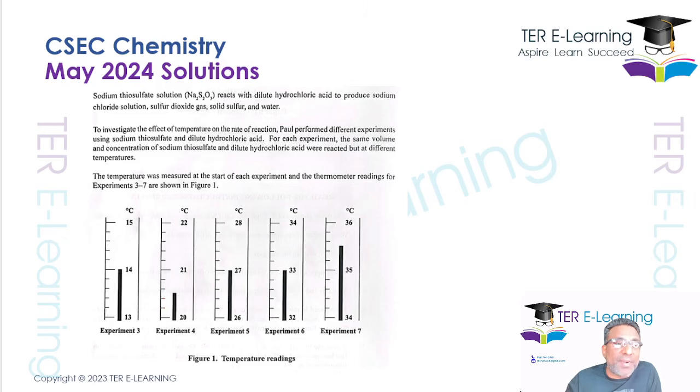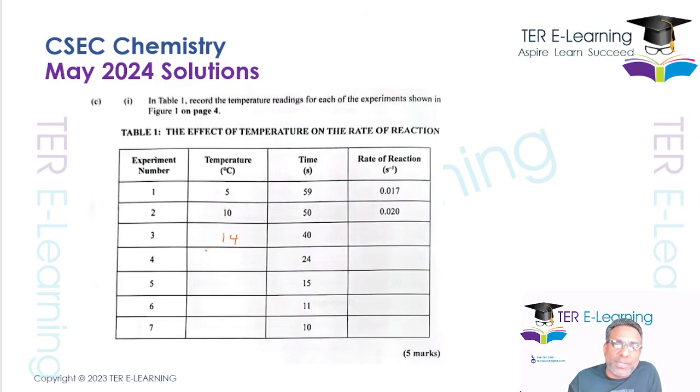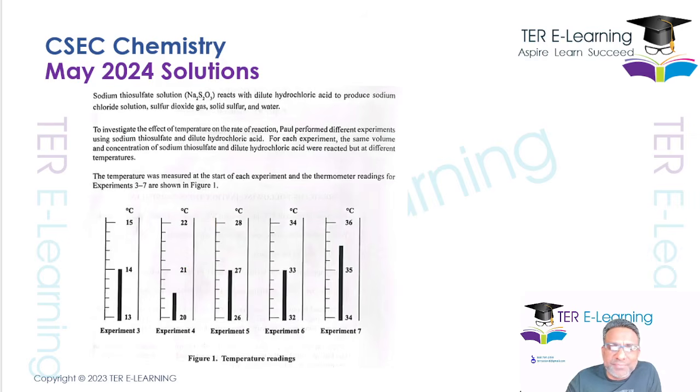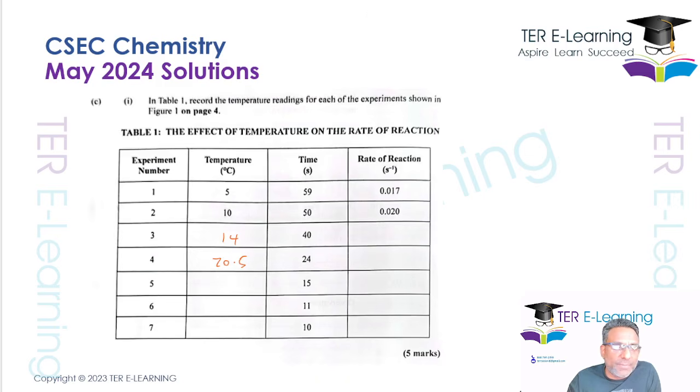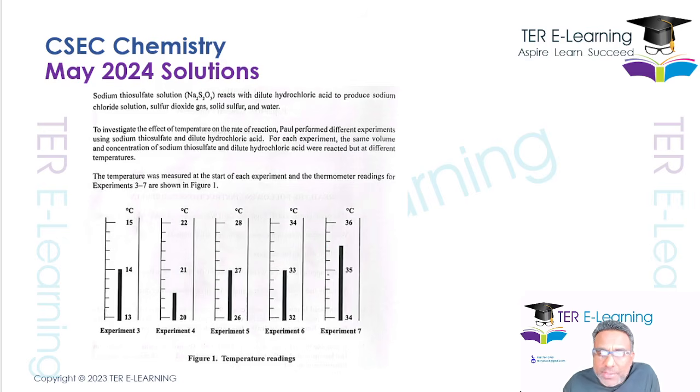That's 20.5, that's the temperature there. Experiment 5, that's 27, and the next one is 33. So 27, 33. And the last one is 35.5.